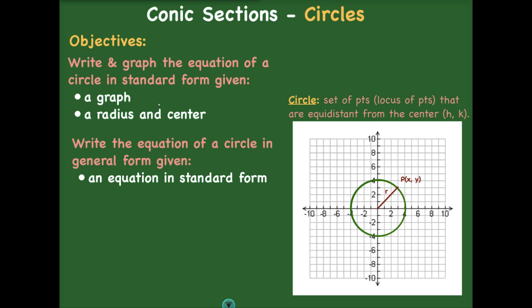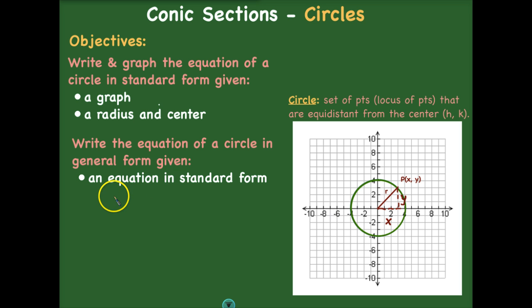Well, you know that if this point is (x, y), then this distance going to here, that's our x distance. And then coming up here, that would be our y distance. Notice that we have a right triangle. So we can define r using the Pythagorean theorem. The Pythagorean theorem, remember, is just a squared plus b squared equals c squared.